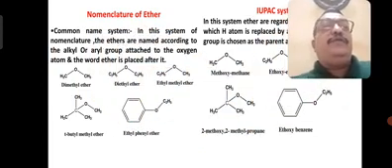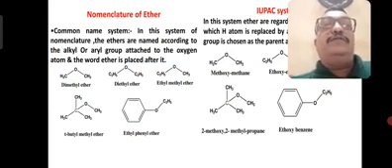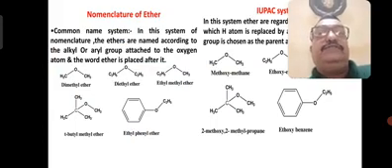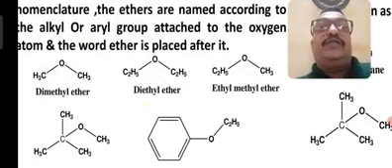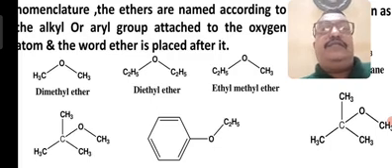Okay, now you can see the nomenclature of ethers. The simplest common name for ether is, you can see here, CH3OCH3, dimethyl ether, then diethyl ether. Okay, it's not di, it's a methyl ethyl ether.